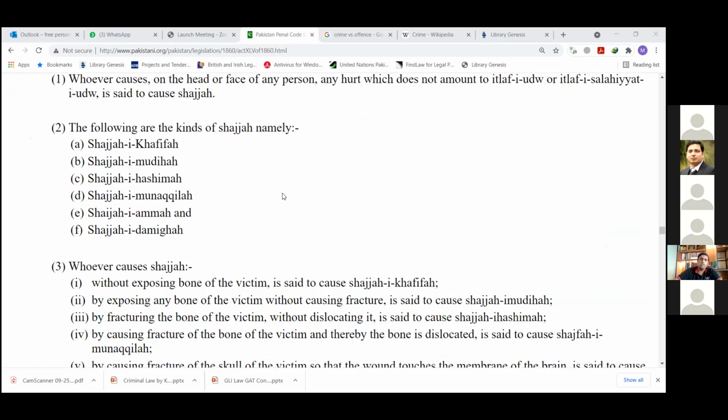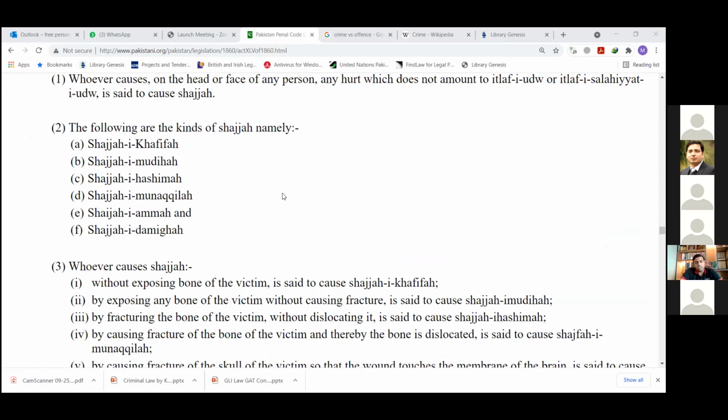Let me just here remind you that this chapter was added in PPC and it replaced the old law of murder and hurt, which is still existing in the Indian Penal Code of 1860.